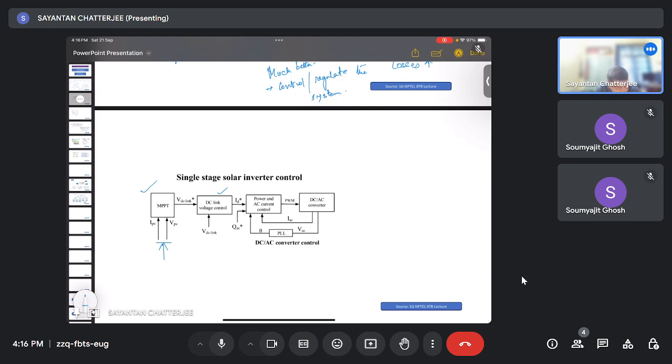After that we have a phase lock loop. Since we are taking AC as output, we have to synchronize somewhere.